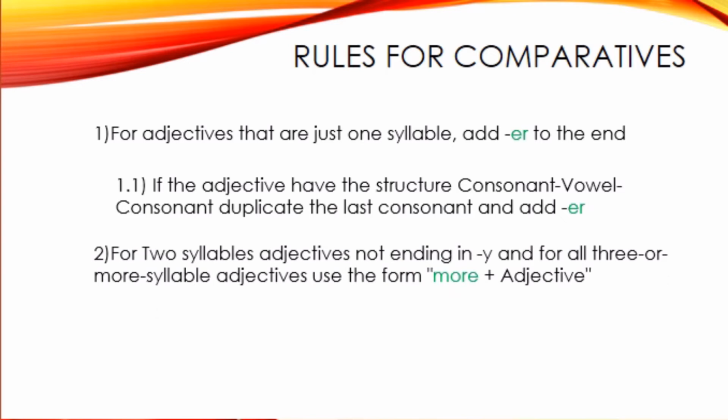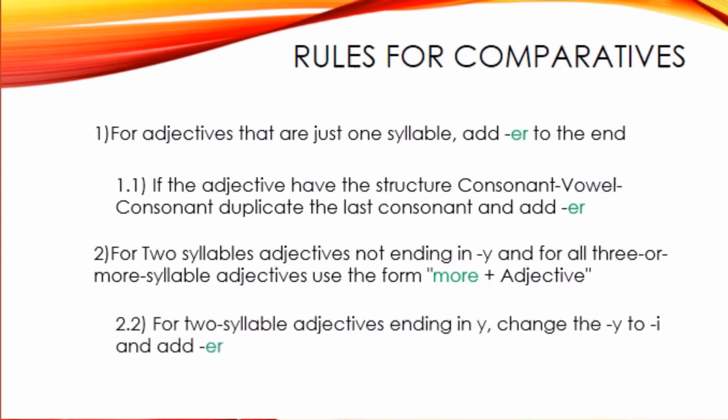Number 2. For two-syllable adjectives not ending in y, and for all adjectives of three or more syllables, use the form more plus adjective. 2.2. For two-syllable adjectives ending in y, change the y to i and add er.